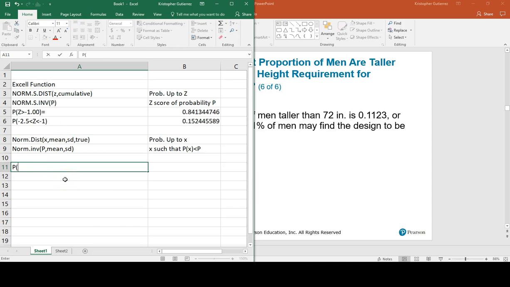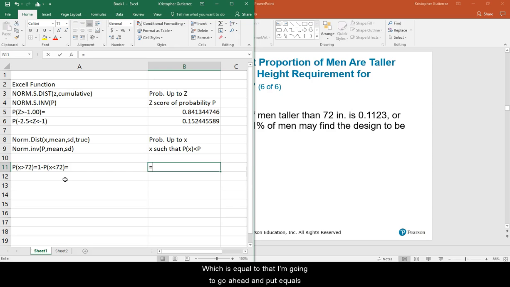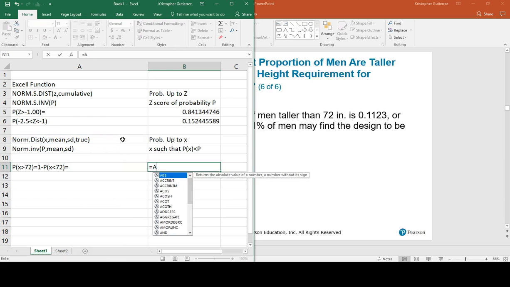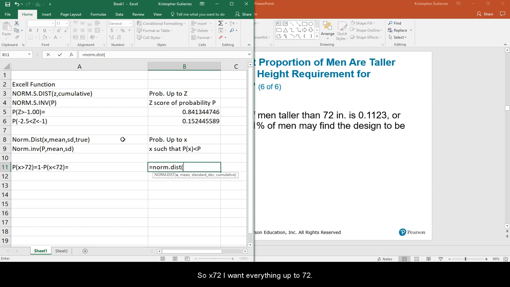The probability that x is greater than 72 inches is going to equal 1 minus the probability that x is less than 72 inches. I'm going to put equals, and I'm using the norm distribution function, so x is 72, I want everything up to 72.